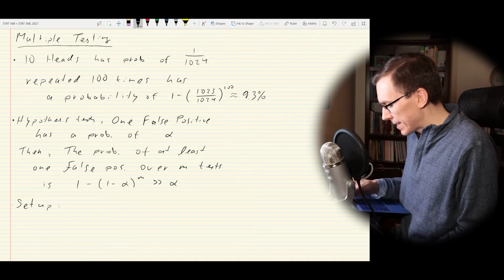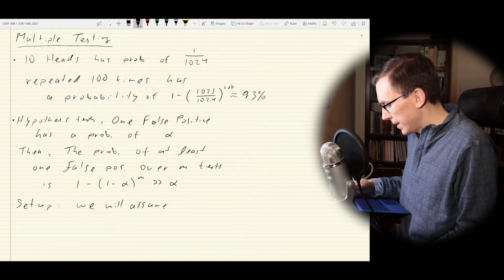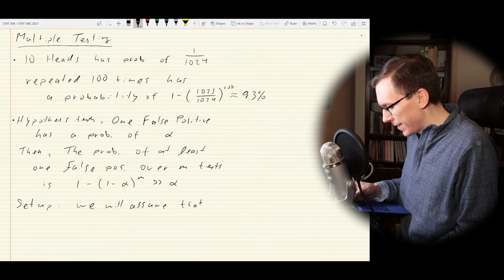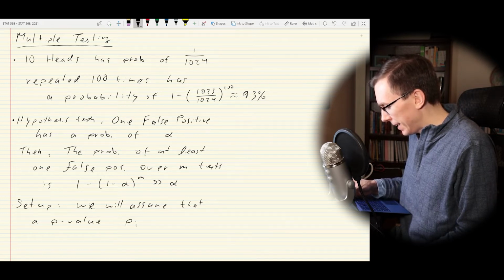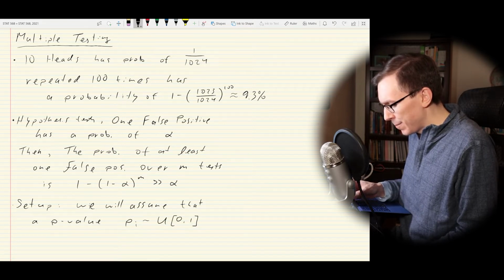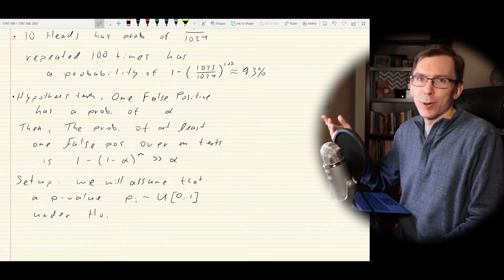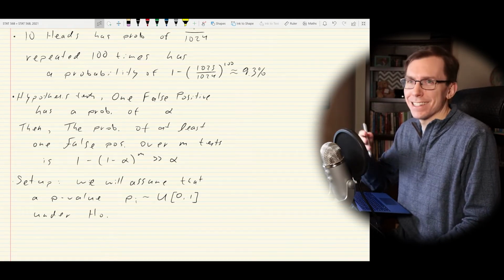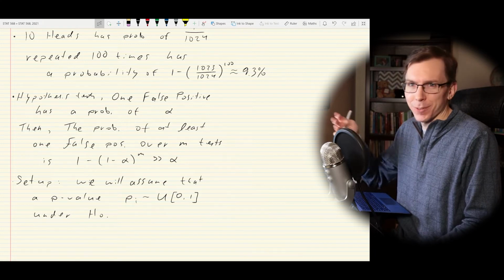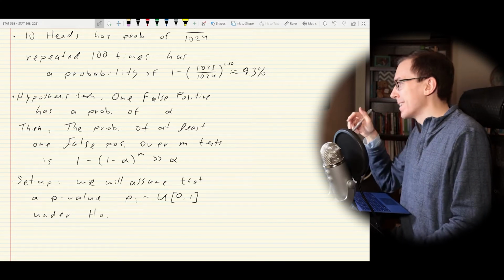And the setup is that we will assume that a p-value, let's say p sub i, is a uniform 0, 1 random variable under H naught, the null hypothesis, whatever the null hypothesis is. In this course, it's typically that the treatment has no effect or the block has no effect or whatever factor we're looking at has no effect.